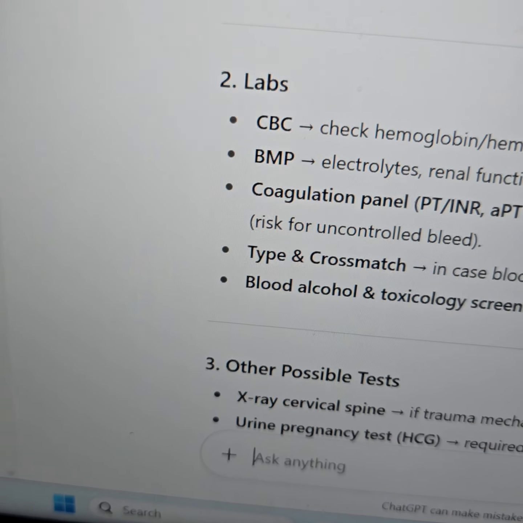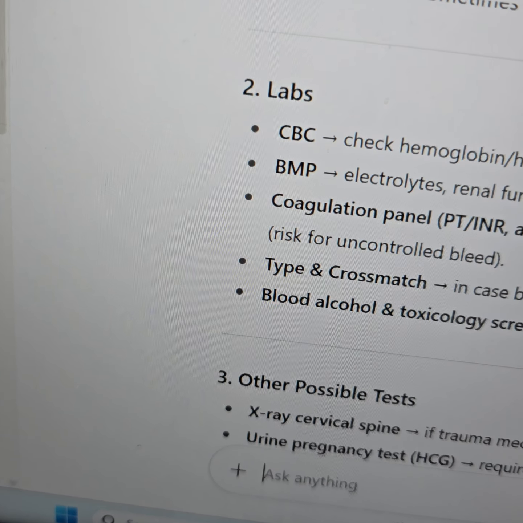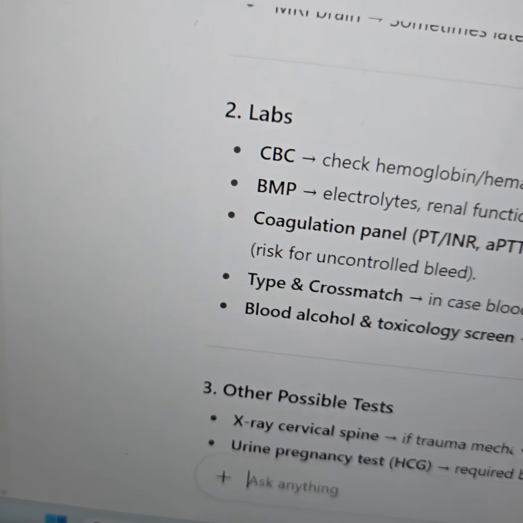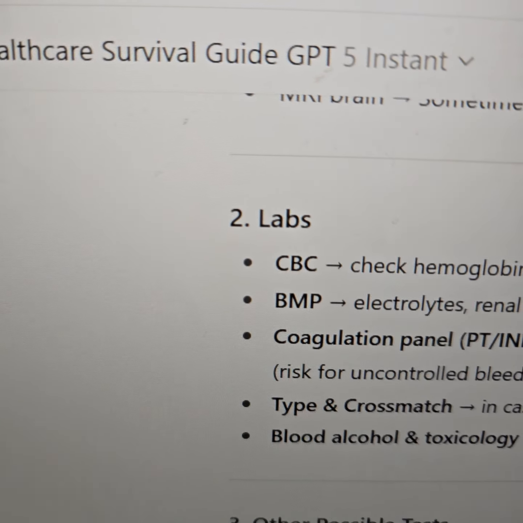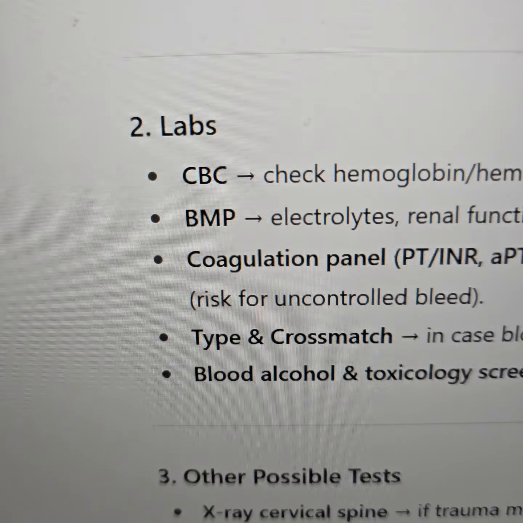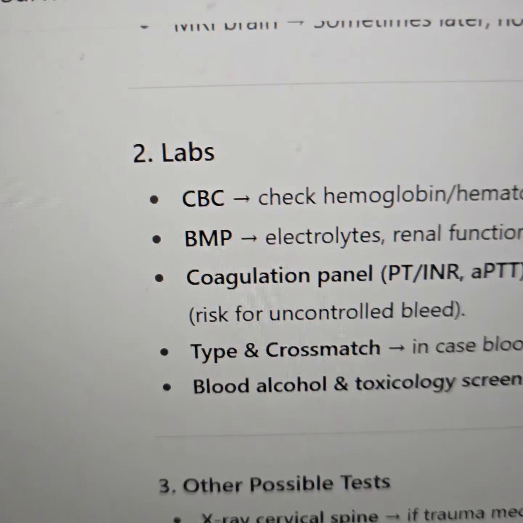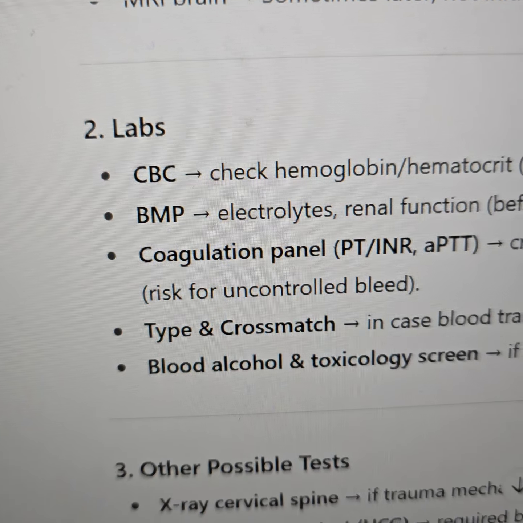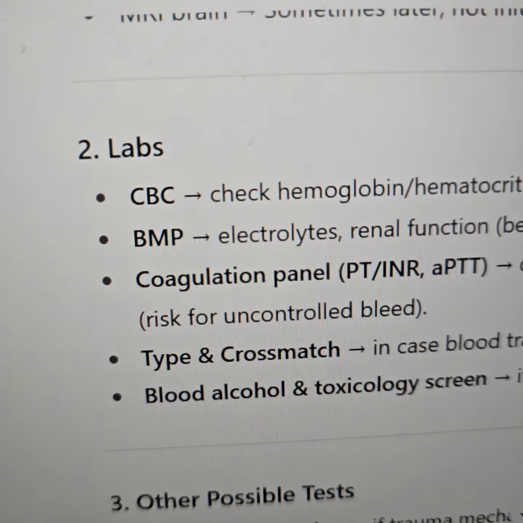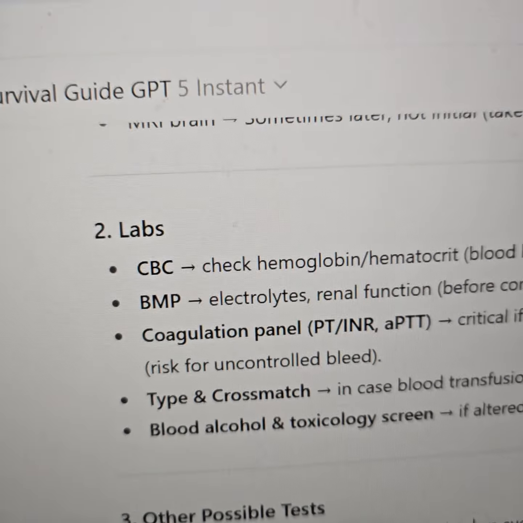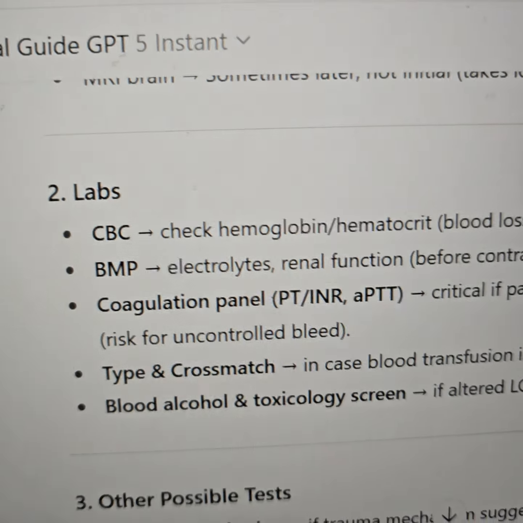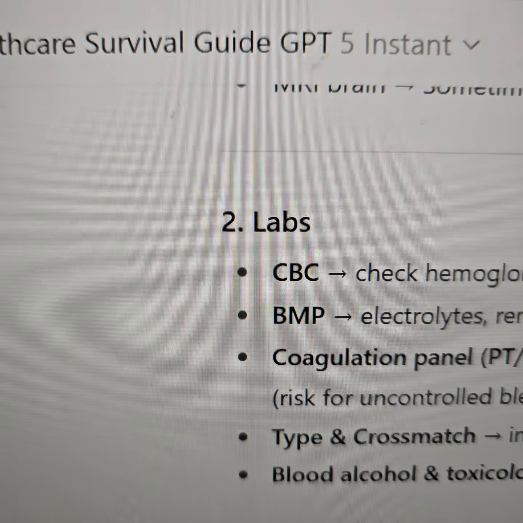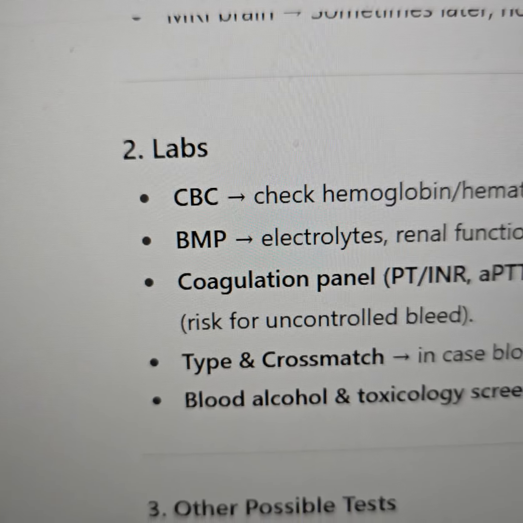BMP is usually a red top to speckle top tube. MAs, correct me if I'm wrong. I don't know if you draw yellow tops anymore for that.